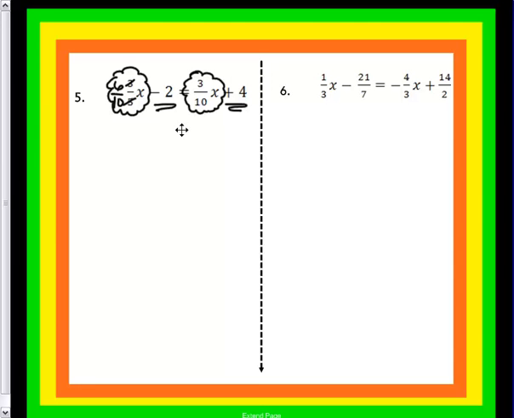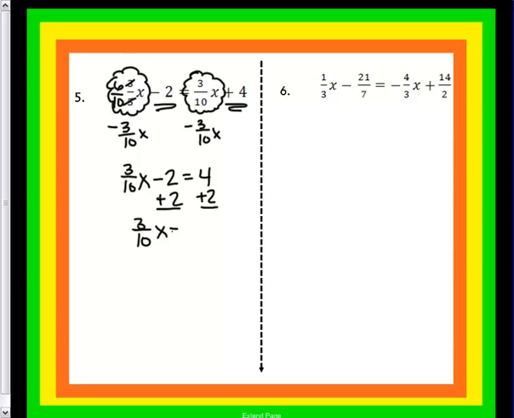So now what I can do is I can take away 3/10 x on both sides, and I'm left with 3/10 x minus 2 equaling 4. I'm going to add 2 to both sides, and I'm left with 3/10 x equaling 6. So I'm going to multiply by 10/3.